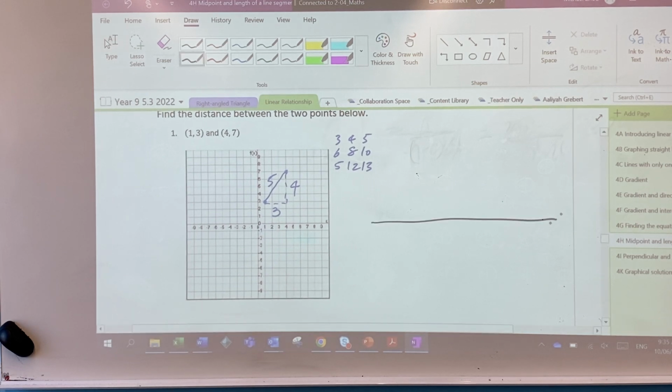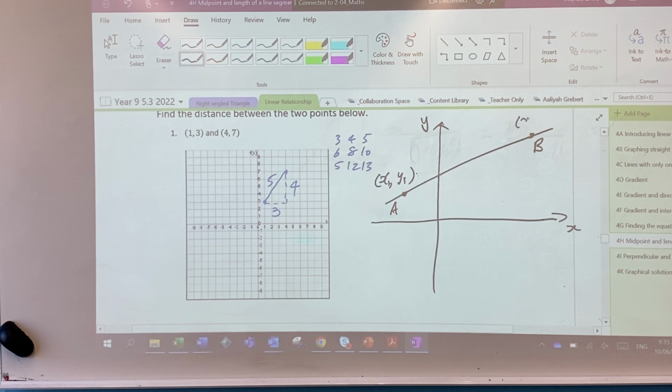So, if I'm just going to draw x, y, if I'm going to draw any random points on the line. So, A, B. In other words, I want to find the distance AB, right? I call A is (x1, y1), just like yesterday. B, I call it (x2, y2).